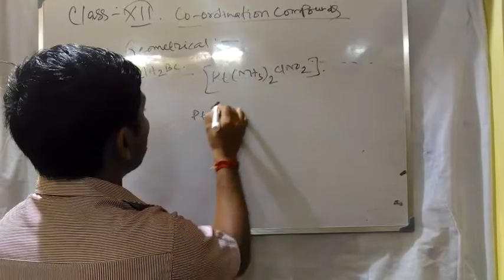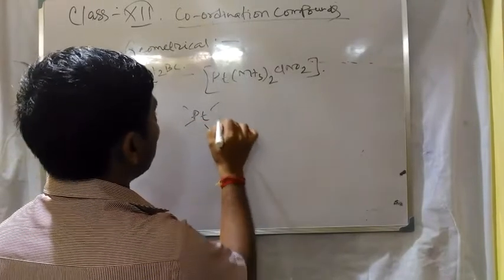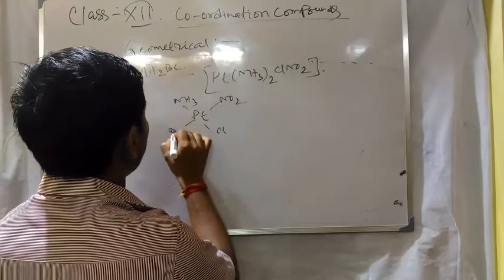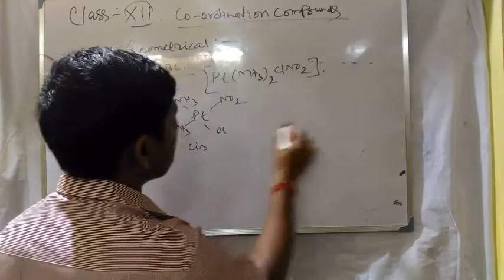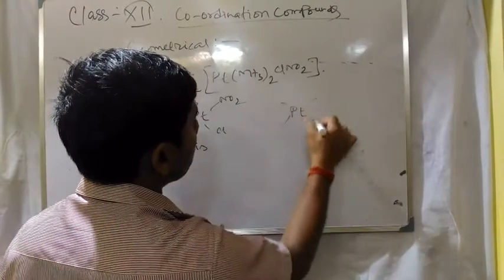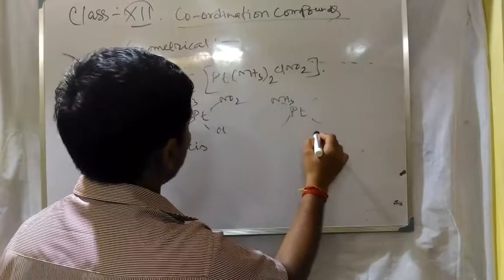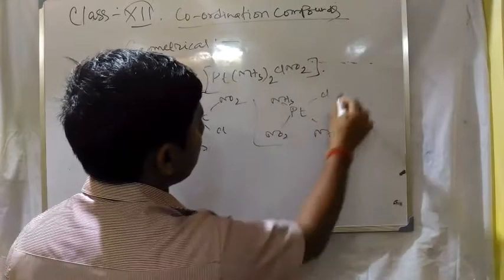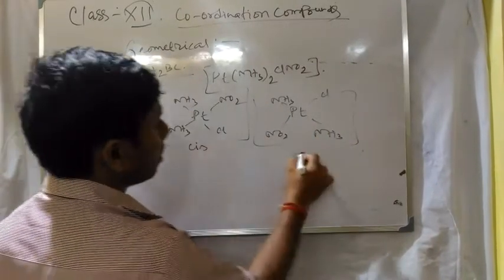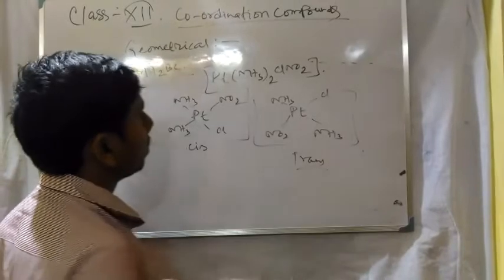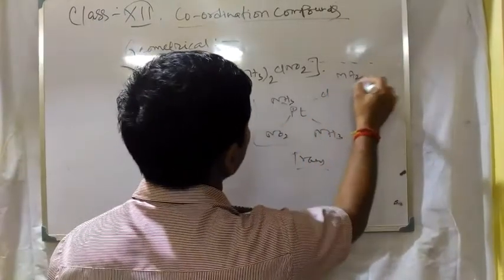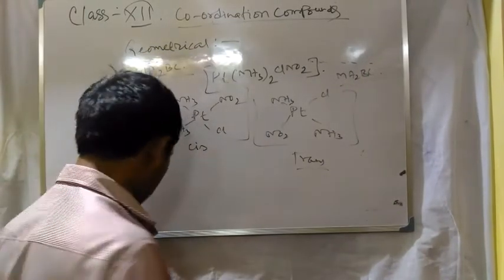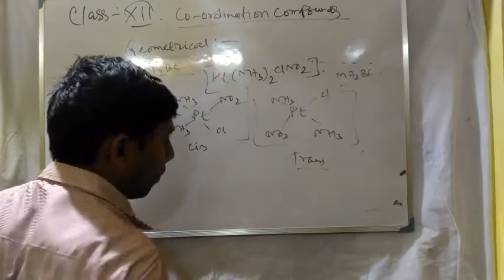So the figure will be Cl, NO2, NH3, and Pt, NH3, Cl, NO2. It will be trans. Right? So this is one example of Ma2BC.